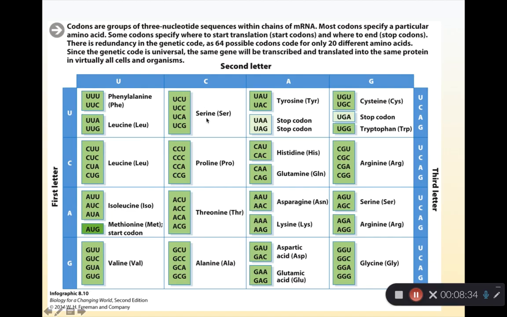So there are things that will always code for something, and there are also contingencies that code for multiple things. And that this is ultimately what makes up a specific trait and what creates a specific protein in the cell. So again, this is really the process that is allowing us to create the basic units of life.